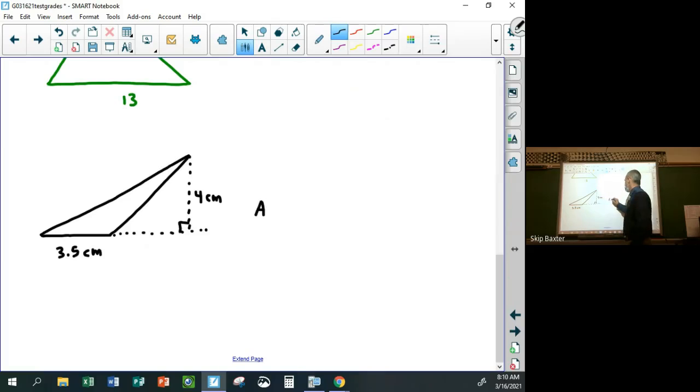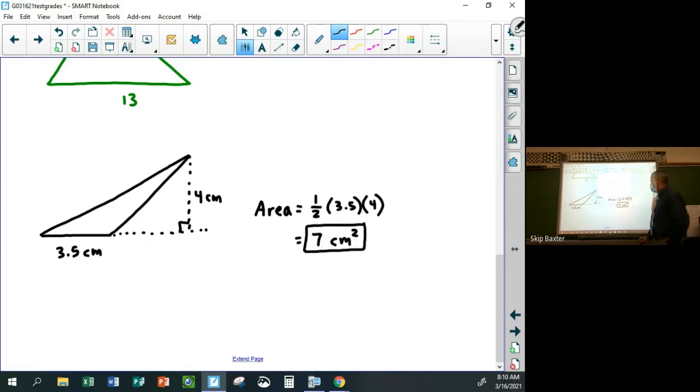So the area would be 1/2 base times height, 1/2 of 3.5 times 4. You can use your calculator for this if you need to, but this isn't too hard. So 2 times 3.5 would be 7. So 4 times 3.5 would be 14. Half of that would be 7 centimeters squared. Okay?